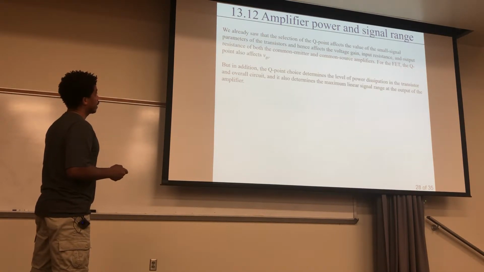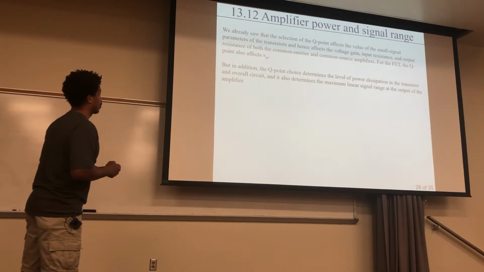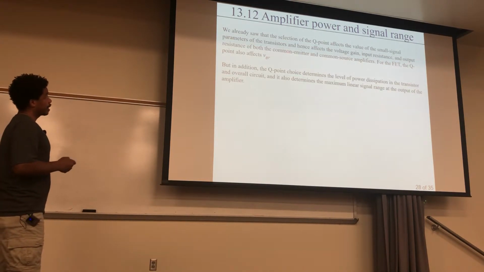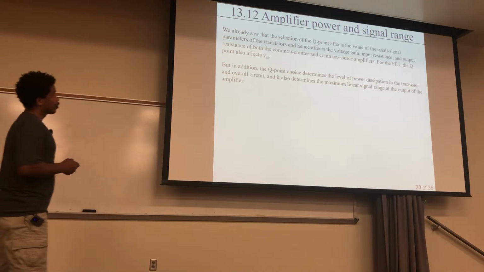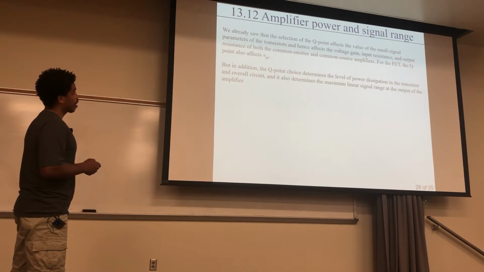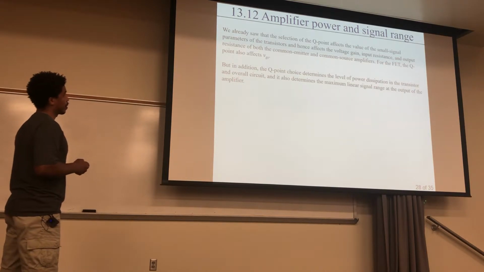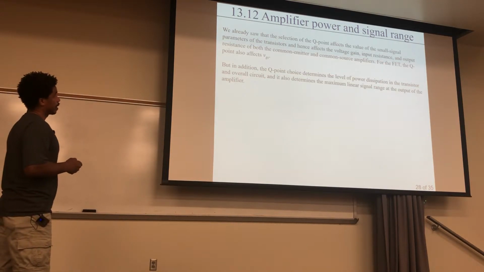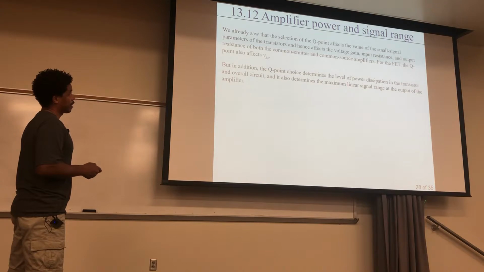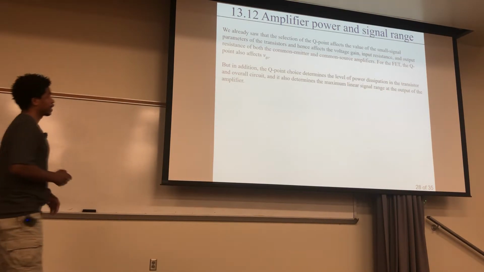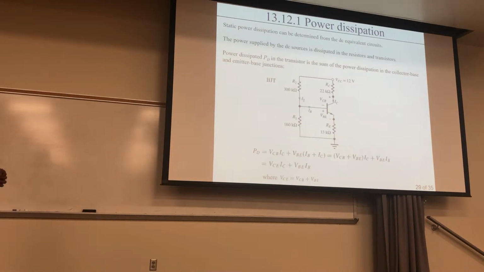For the FET, the Q point also affects your VGS. But in addition to these things, the Q point choice also determines the level of power dissipation in the transistor and the overall circuit. It also determines the maximum linear signal range at the output of the amplifier. We'll take a look at both of those right now.